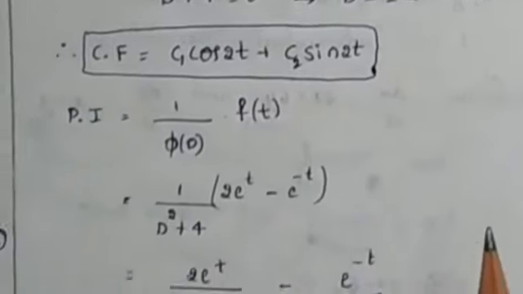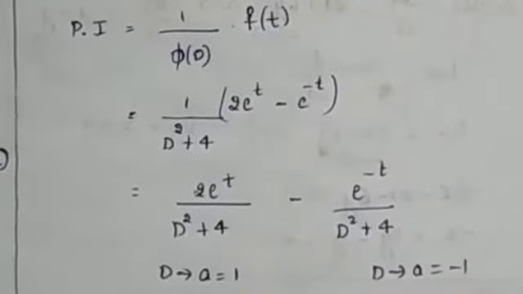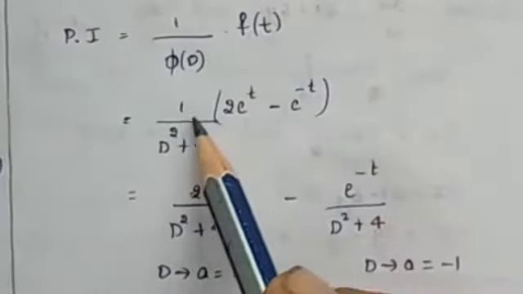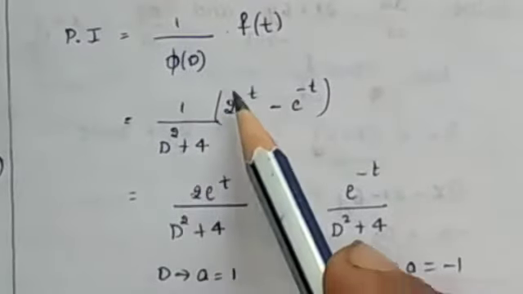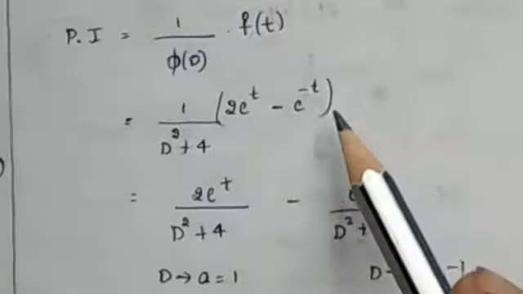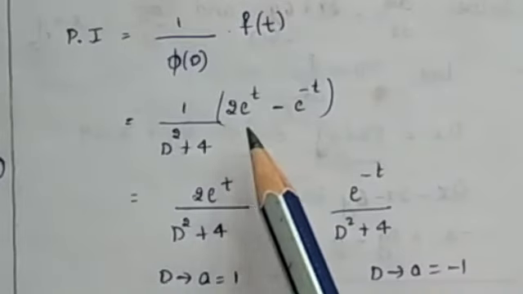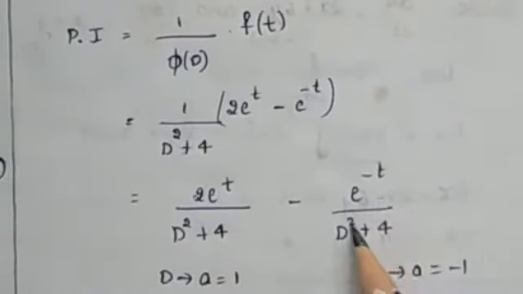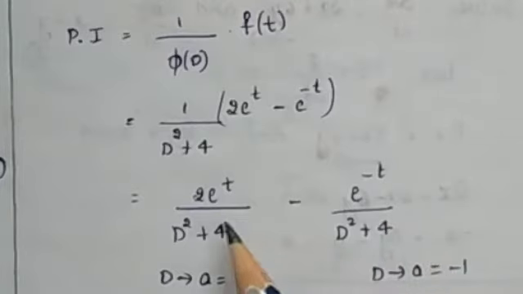So then we find the particular integral, which is 1 by phi of D into f of t, which is 1 by (D^2 + 4) into (2e^t - e^(-t)). Then you split, you get 2e^t by (D^2 + 4) minus e^(-t) by (D^2 + 4), which is of the form e^(at).